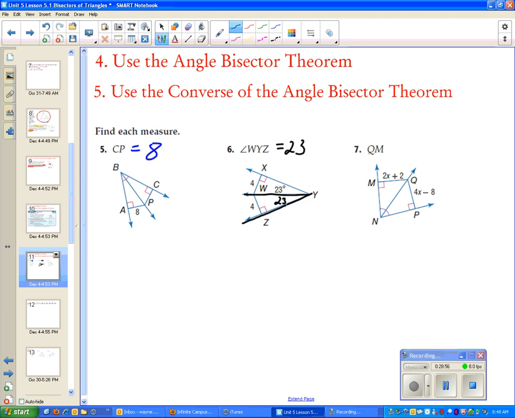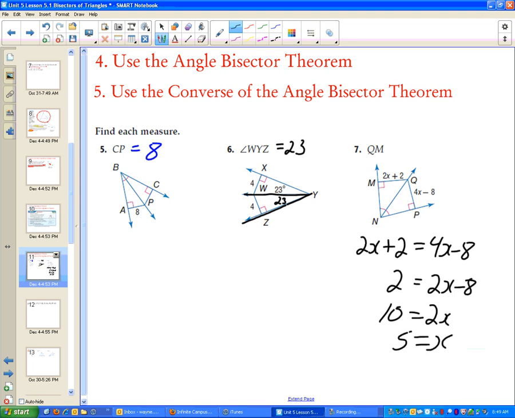How are you going to set up number 7? That's right. Because ray MQ is an angle bisector, therefore point Q is equidistant from the sides. So let's see, that's 2 equals 2x minus 8.